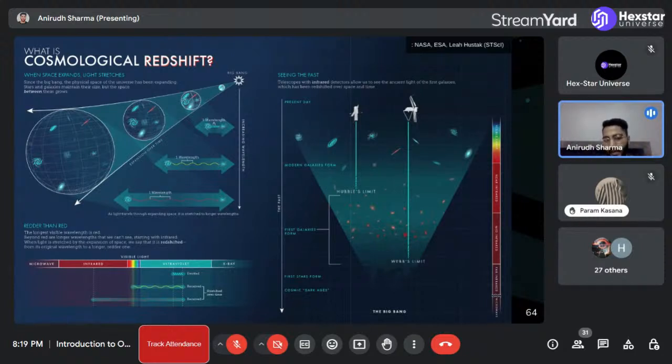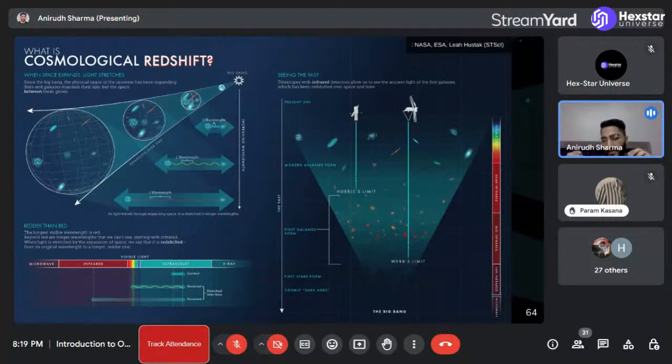And when we talk about that, there was no space to begin with, and even space started at that point. So if we consider that singularity, if space started at that point, then it becomes clear that the expansion is literally everywhere, and there is no center to it.